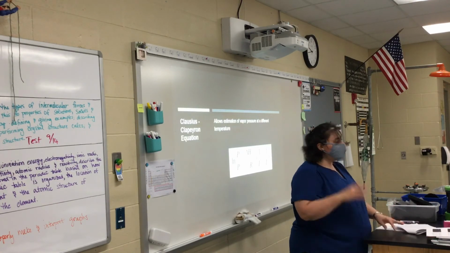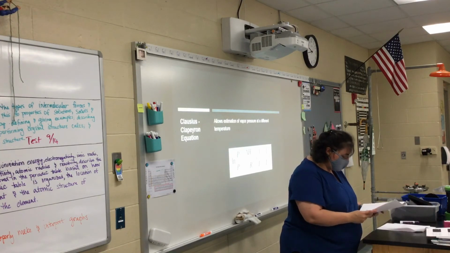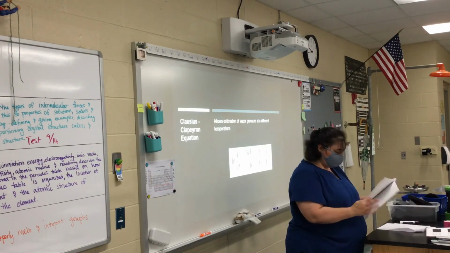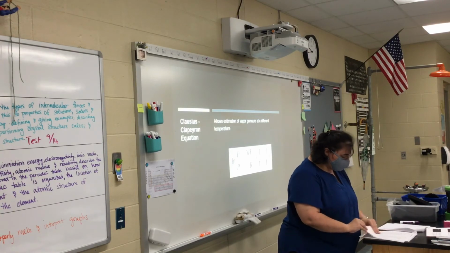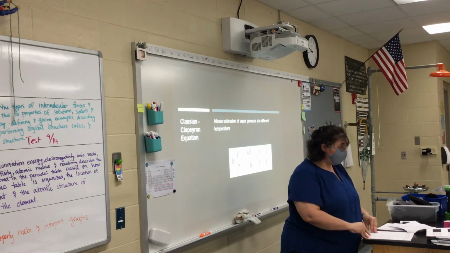Okay, so what I also want you to do is go ahead and write the Clausius-Clapeyron equation in your packet, somewhere where you're going to be able to find it, because I do not believe that it is there. That's a problem. I should make a note to add that for future reference.